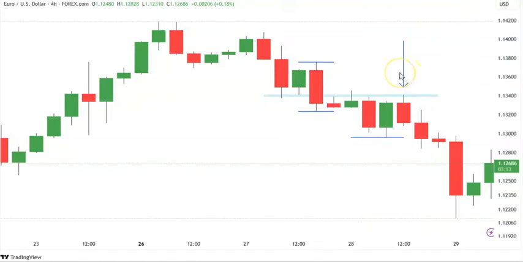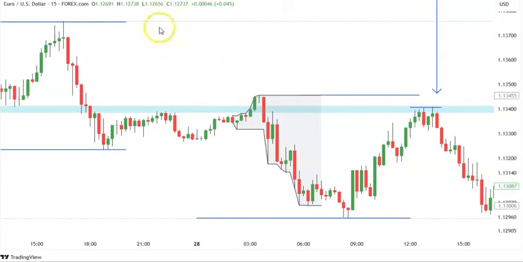Now we want to go to the next lower time frame, the 15-minute time frame. So this is the 15-minute time frame.